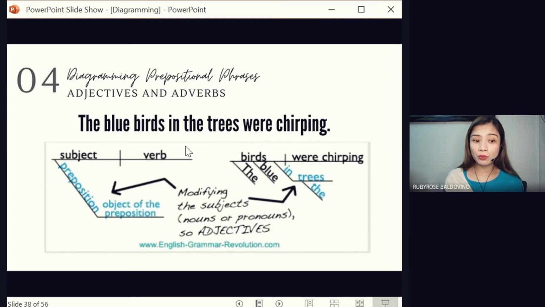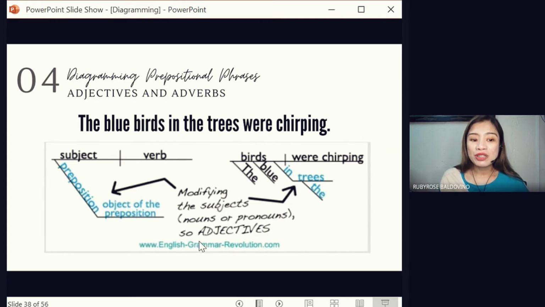And of course, we have the word blue, which describes the birds. So we also have to place it on a slanted line under the word birds because that's the word it describes. However, we're not just talking about bluebirds, but we're talking about bluebirds in the trees.